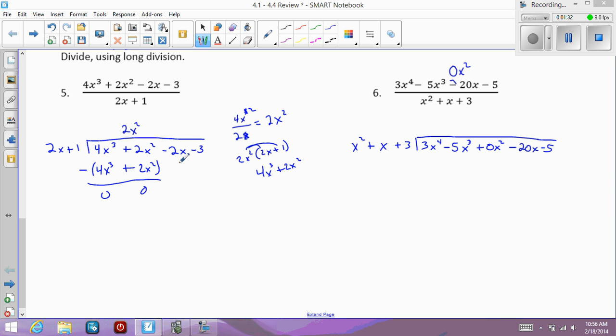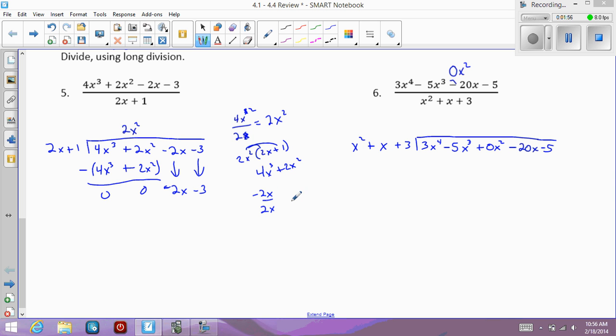So 0 and 0. So that means we want to bring both of these next two terms down, and we get negative 2x minus 3. So now we have to figure out what we multiply times 2x to get negative 2x. Well, that's going to be negative 1. If you need to, you can set this up and divide again, just like we did up above.